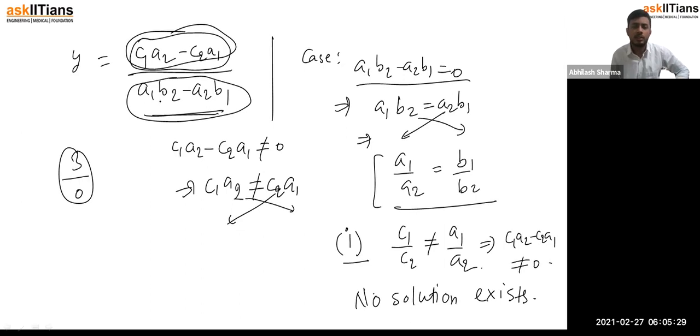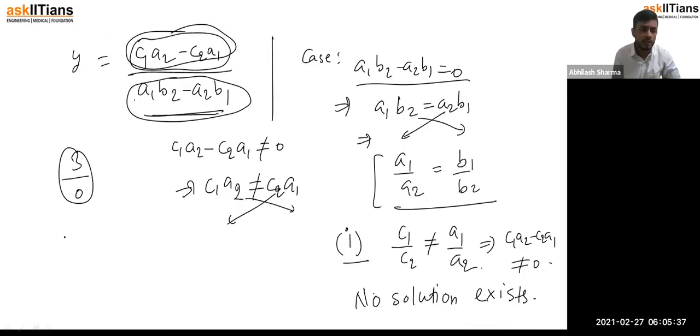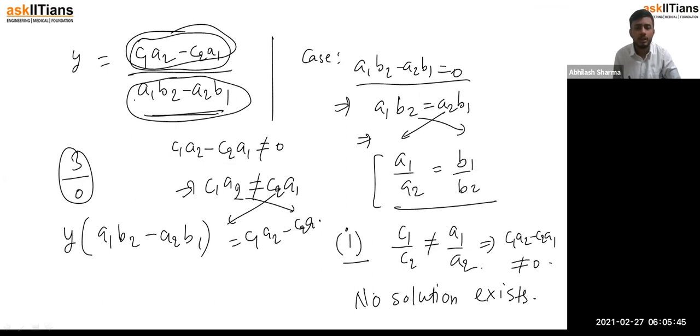Another way to understand this is, let us say we had obtained this equation. Instead of dividing, we just write it in cross multiplication form: y into (a1b2 minus a2b1) is equal to c1a2 minus c2a1. Before sending it here, it was this only.